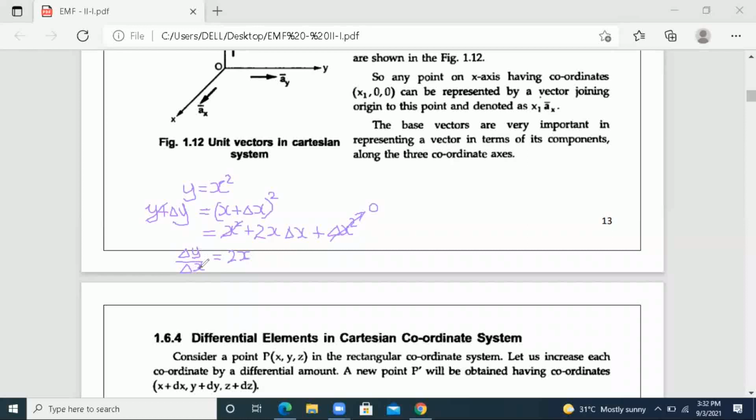So delta y by delta x is the same calculus we know as dy by dx. Now, when you look at this and at the function, you see that this is n x to the n minus 1, which is this.